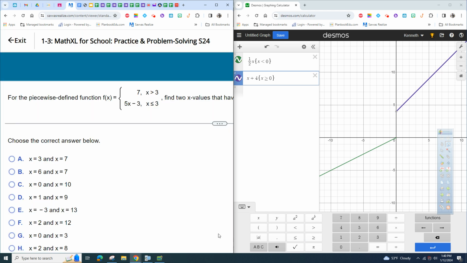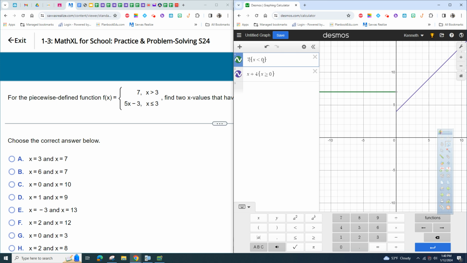So let's slide over here to 4. Now, this one's definitely fun. What we're going to do here is put in 7 and greater than 3. Come down here. It says less than or equal to 3. Oops.